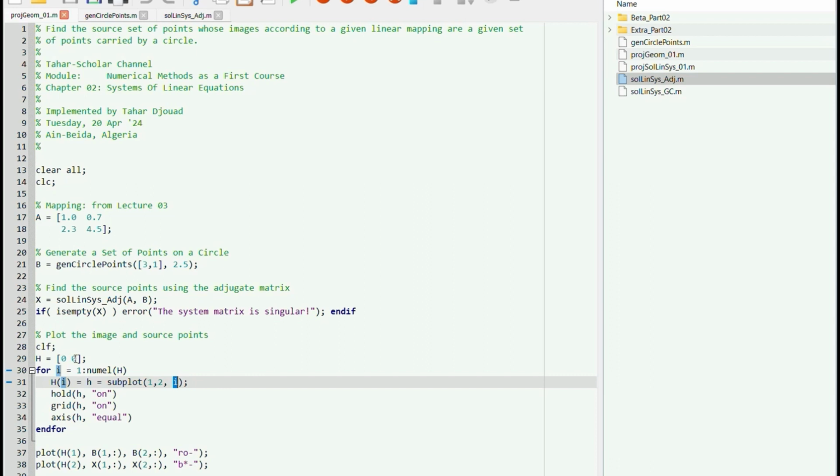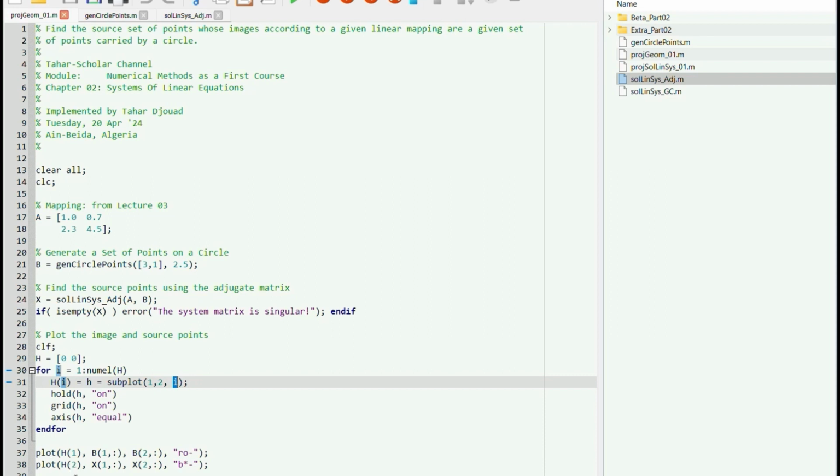Big H contains 2 elements: the first is the handle of the first axis, and the second is the handle of the second axis. Then we call hold on with the handle of the axis. So we apply hold on, grid on, and axis equal for the first axis, and then we loop for i equal 2 and repeat the same for the second axis.